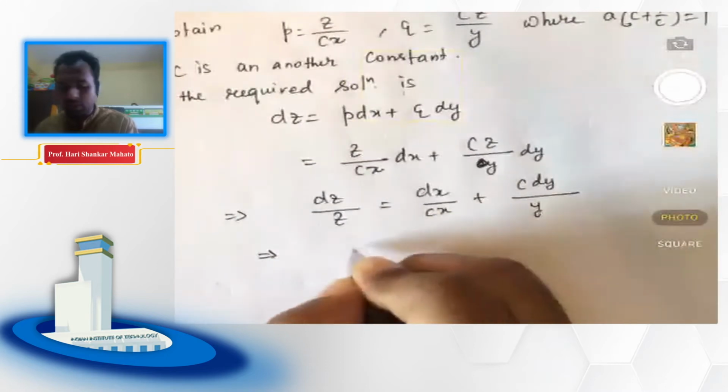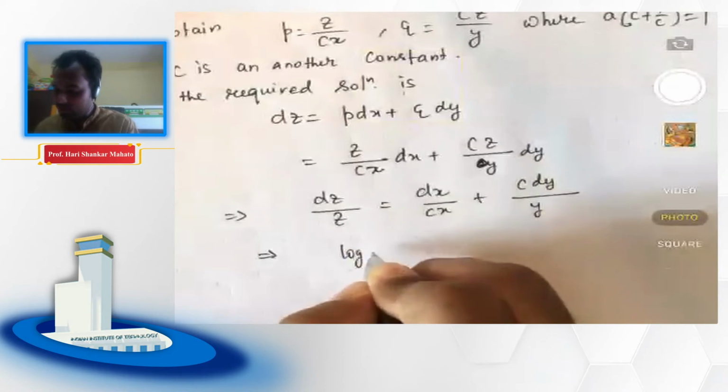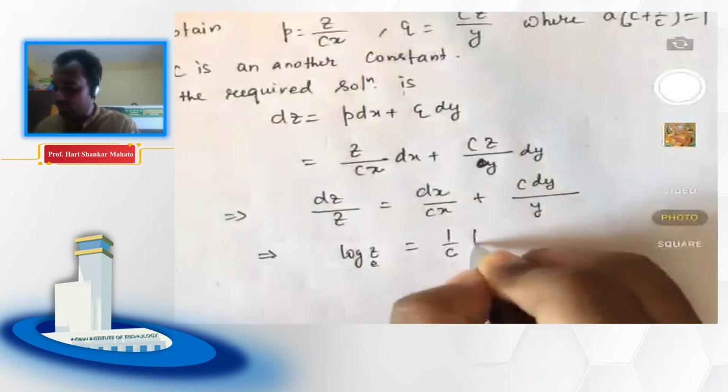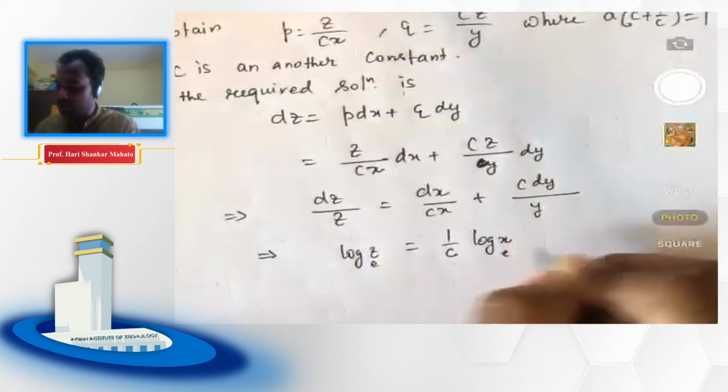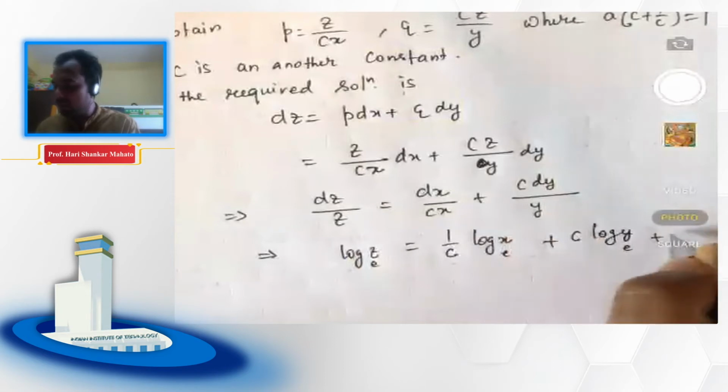And once we integrate, this will give us log of z to the base e. This one is 1 by c log of x to the base e, plus c log of y to the base e, and then we have some other constant, let's say log of b.